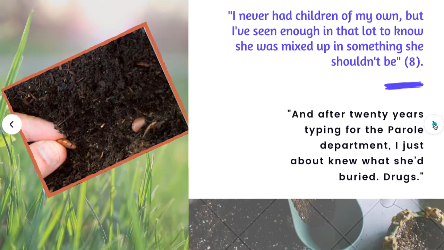I never had children of my own, but I've seen enough in that lot to know she was mixed up in something she shouldn't be. And after 20 years typing for the parole department, I just about knew what she'd buried.